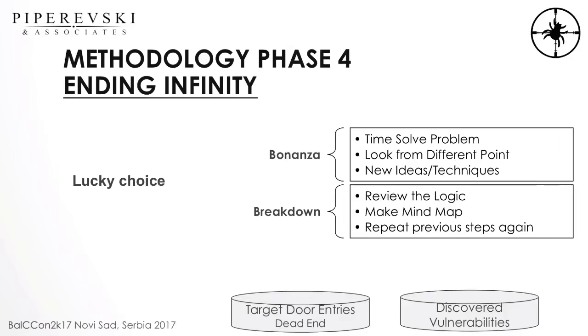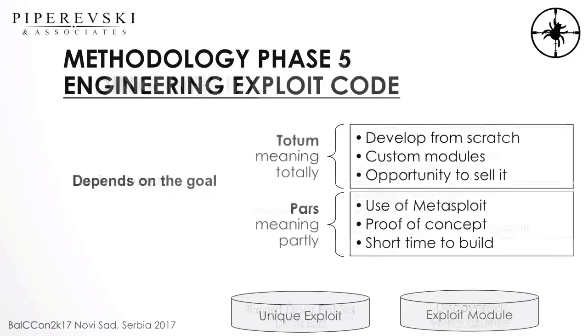Then you come to this phase 4 in breakdown, and you repeat that activity, go back, let's check that feature again. Does it have any data inside that form? So yes, there is data, there is a possibility, a new attribute appears, and then you go again to find a vulnerability there.